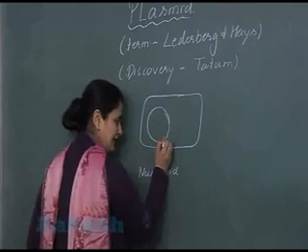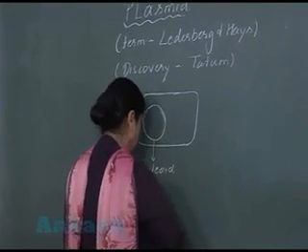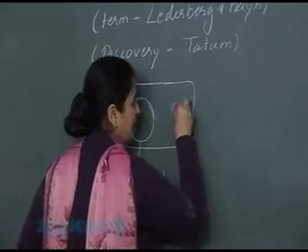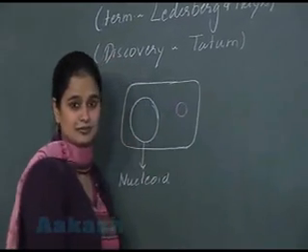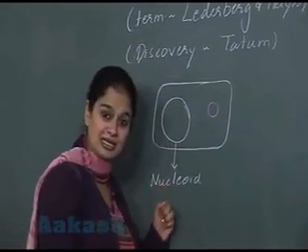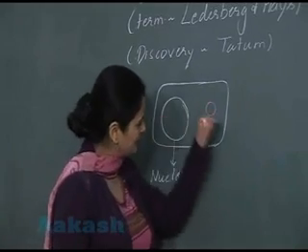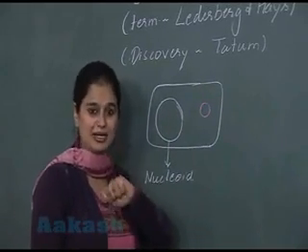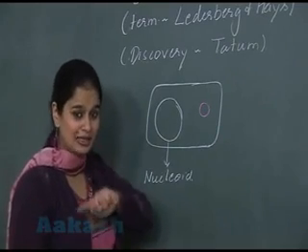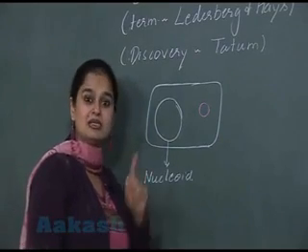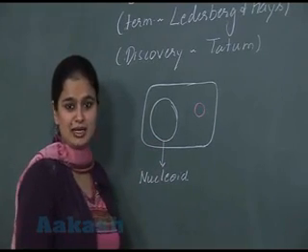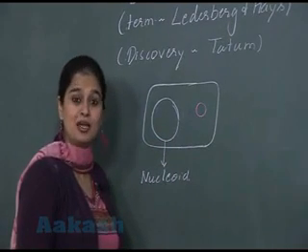Apart from the main chromosomal DNA, inside the bacteria there is also the presence of extra genetic elements. This extra DNA which is present inside the bacteria along with the main DNA is known as plasmid.